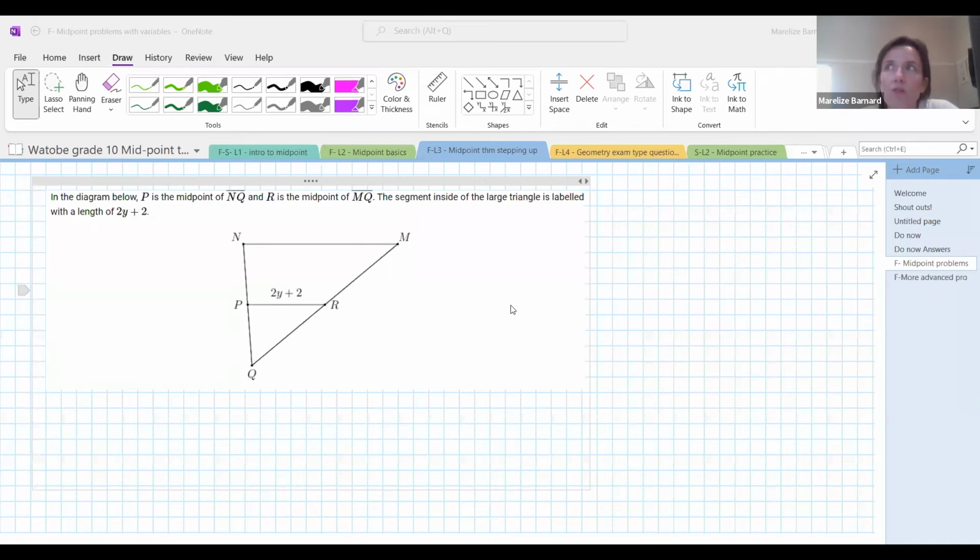So we hold on to what we know, which is that the line that connects the midpoints will be half the length of the other side, and that those sides will be parallel. Okay, so that's always true. And if you have numbers or variables, it doesn't change.